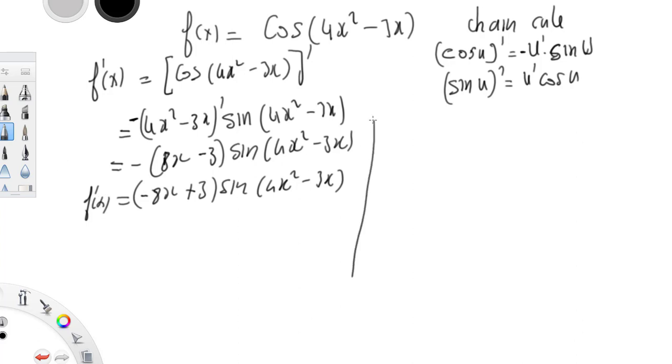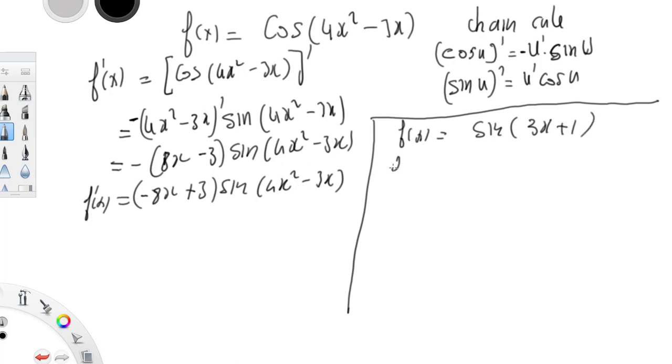If you want, you can do another example for sine quickly. You can do f of x equal to sine of 3x plus 1. So f prime of x would be, as I said, the derivative of 3x plus 1 times cosine of 3x plus 1.